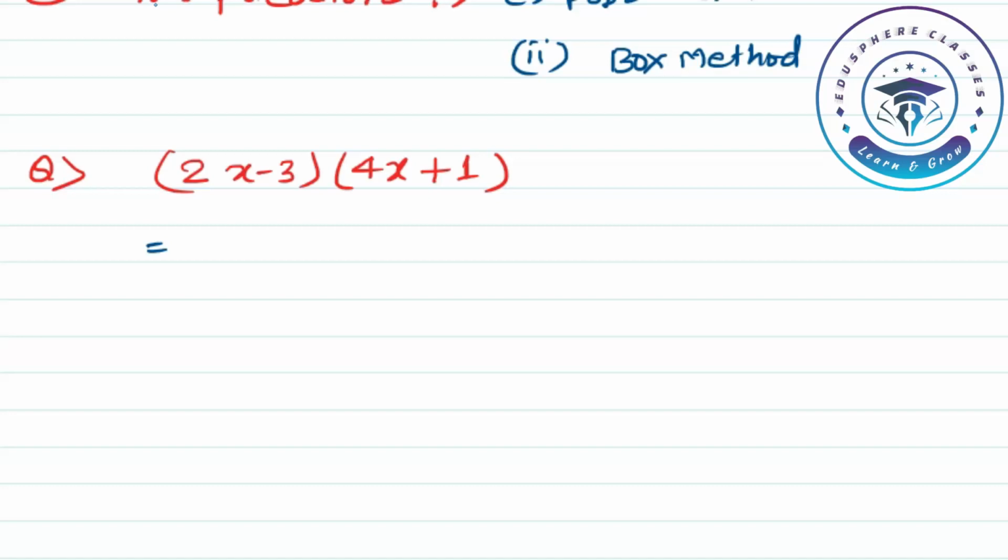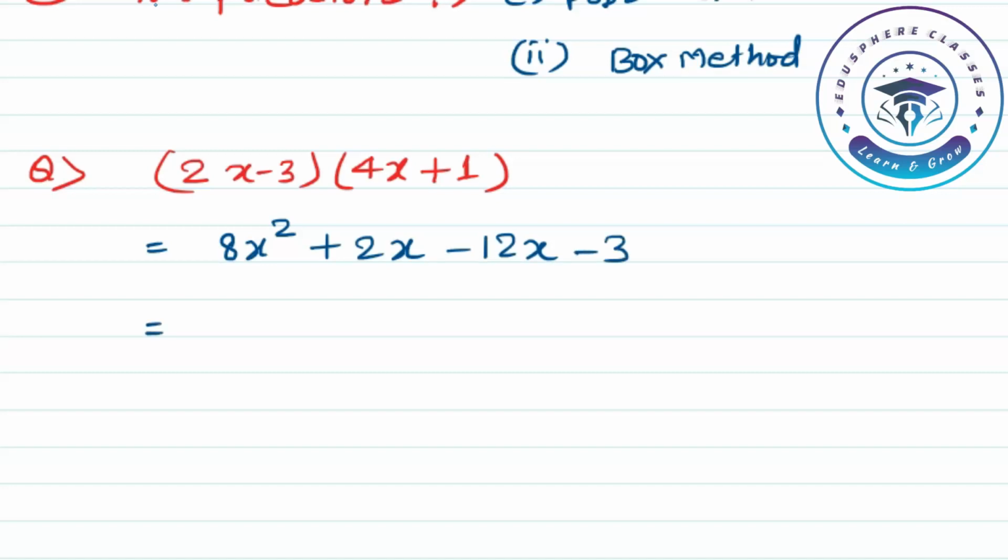First terms: 2x times 4x, so we will be getting 8x square, then 2x times 1, so we will be getting plus 2x, minus 3 times 4x, so we will be getting negative 12x, then minus 3 times plus 1, so we will be getting negative 3.